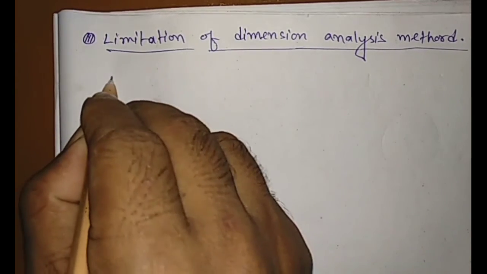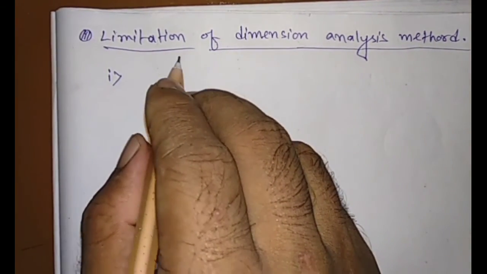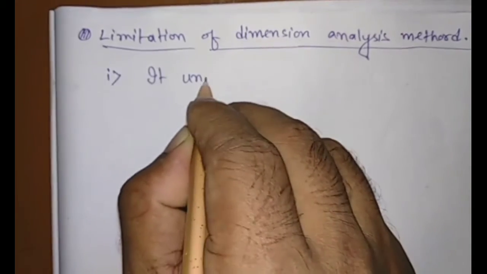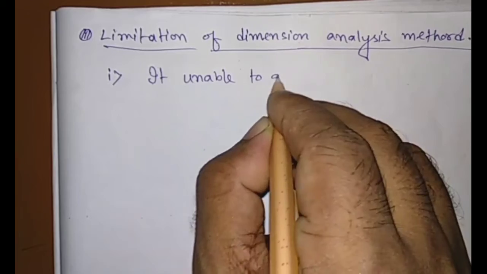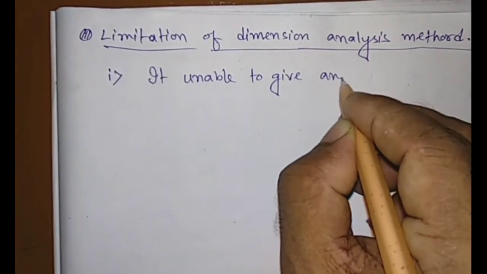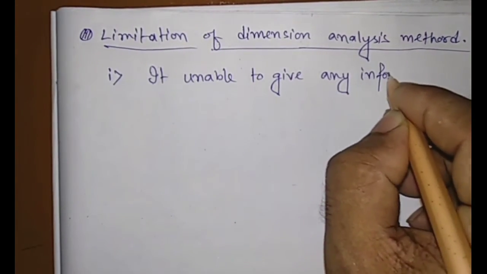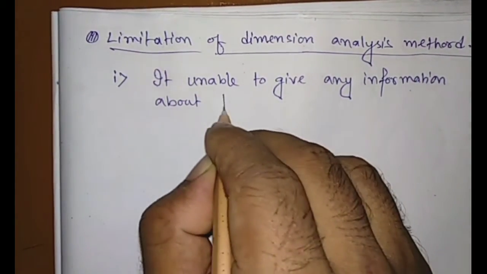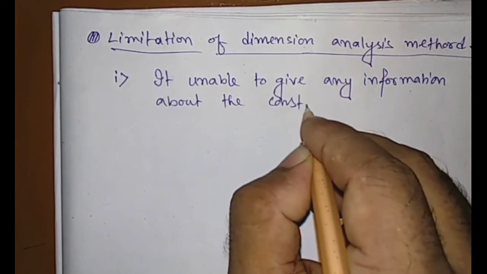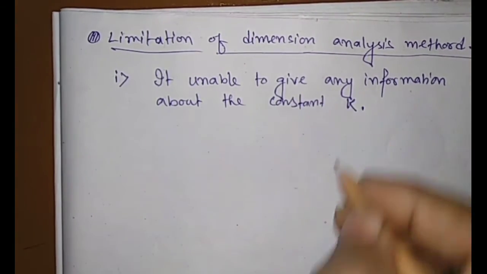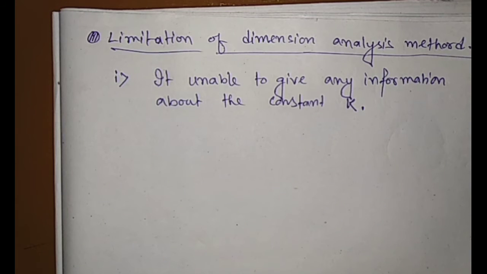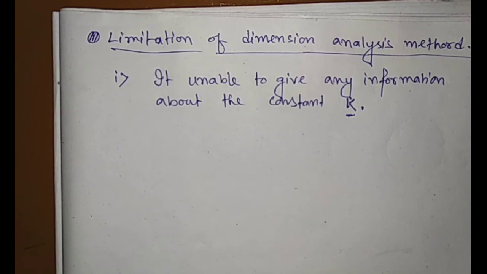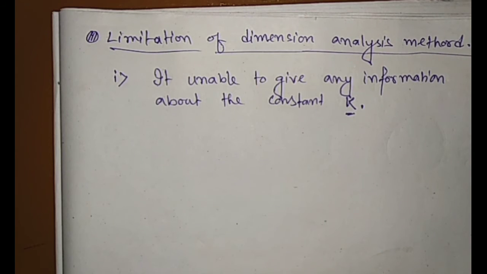The number 1 limitation is that the method is unable to give any information about the constant k. So the value of k is not derived. It cannot say what the value of k is.